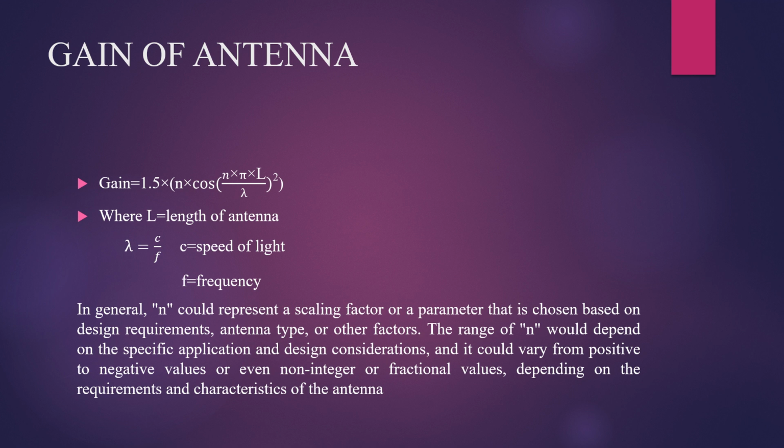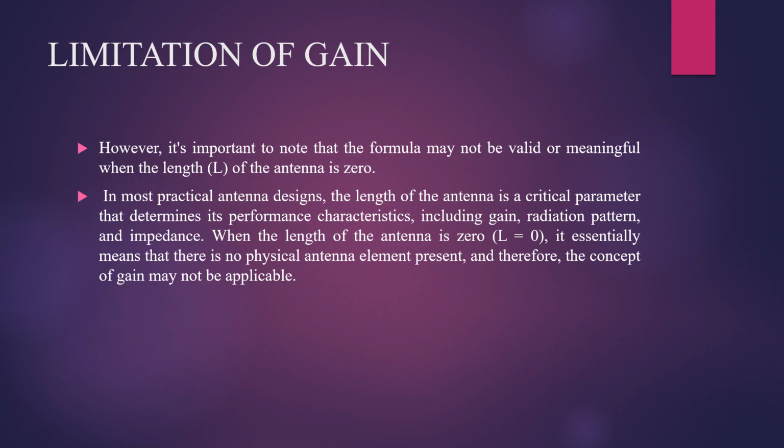In general, n could represent a scaling factor or a parameter that is chosen based on design requirements, antenna type, or other factors. The range of n would depend on the specific application and design considerations, and it could vary from positive to negative values or even non-integer or fractional values, depending on the requirements and the characteristics of the antenna.